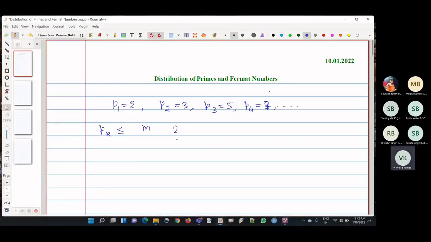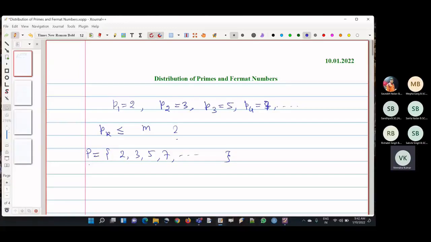If you put them in one set, for example 2, 3, 5, 7, and keep them in capital P, we are interested in whether there is any upper bound for this.